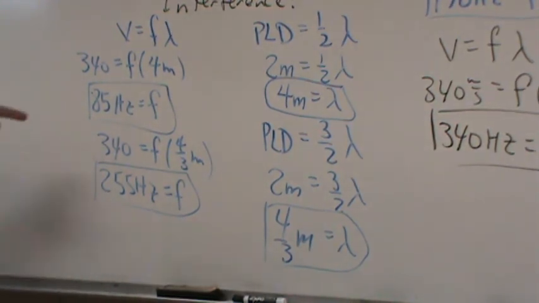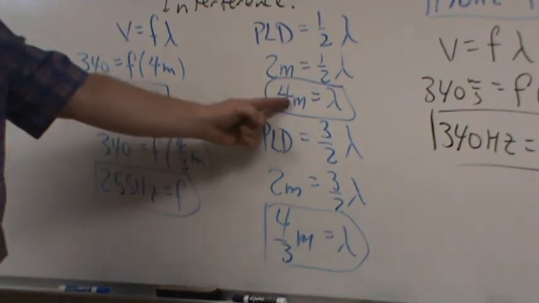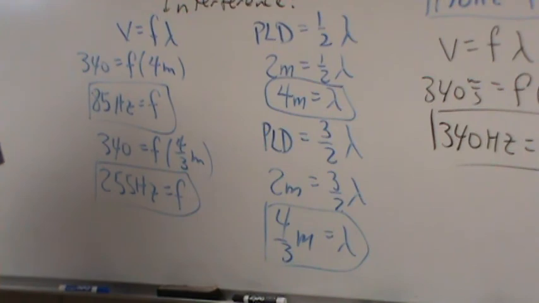When you're done, look up. You should be getting 85 and 255. And your lambdas, one lambda should be 4 meters and the other one should be 4/3 meters.